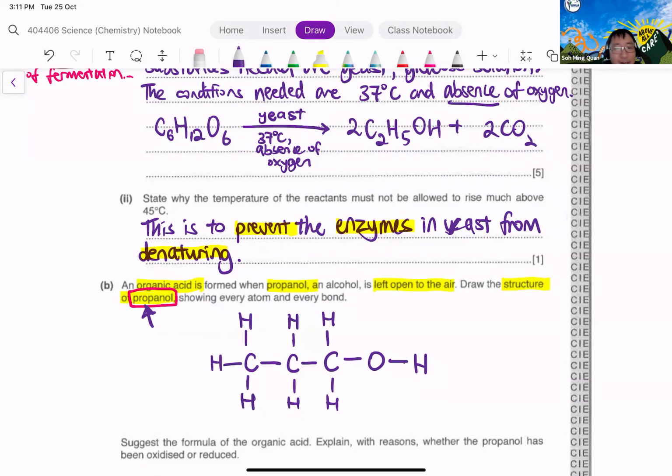So that's propanol. Now, another mistake that most students make is that they like to write OH, but you must show every bond. So you must draw the O-H as well. So this question was more tricky than you think.